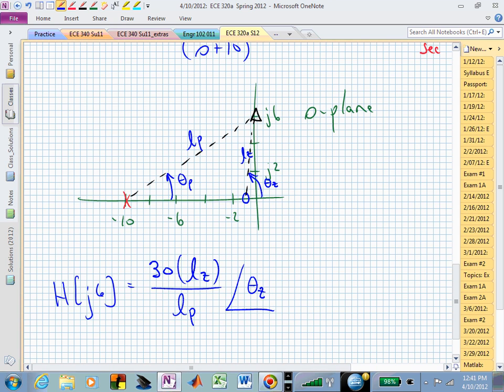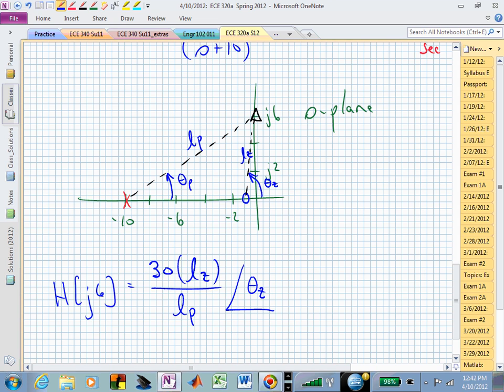If it was minus 30, then its angle would be minus 180 degrees. I just say minus 180. It would be equivalent to say plus 180 because it gets you to exactly the same point. But I like minus 180 because then it can be thought of as a delay instead of an advance when you put it in the argument. That's the only reason why I specify minus 180 degrees.